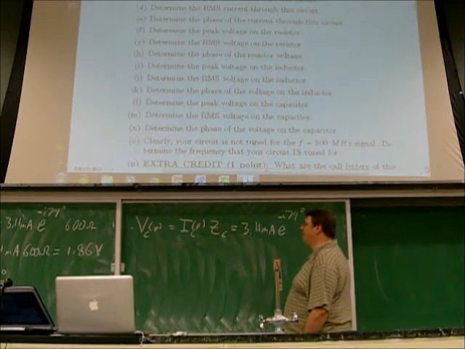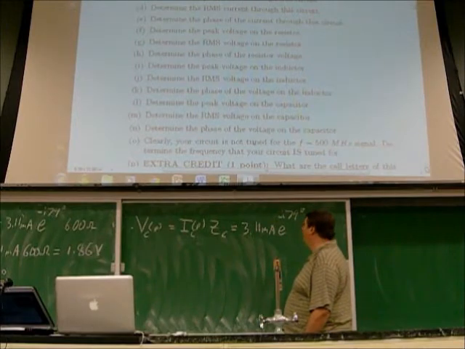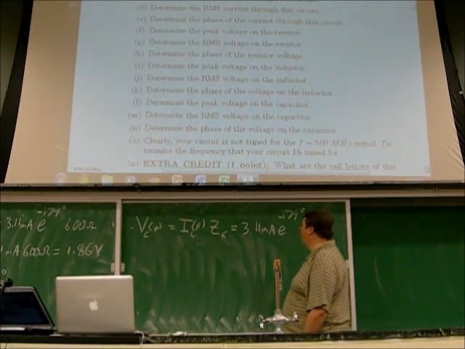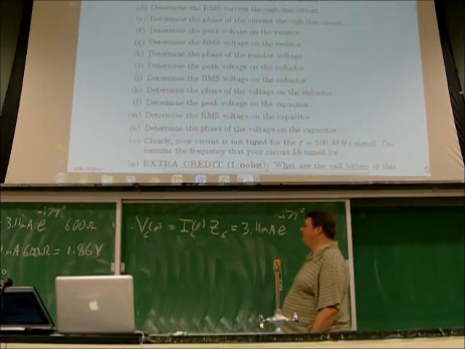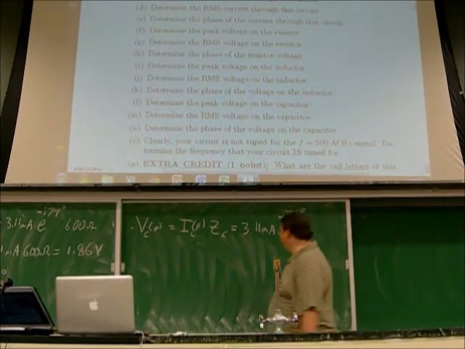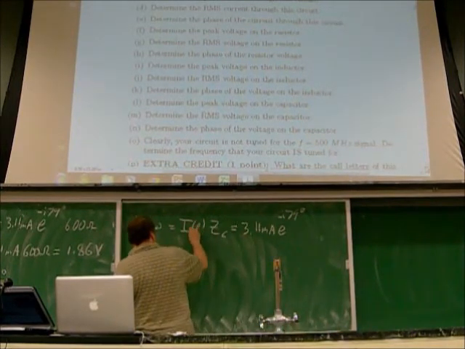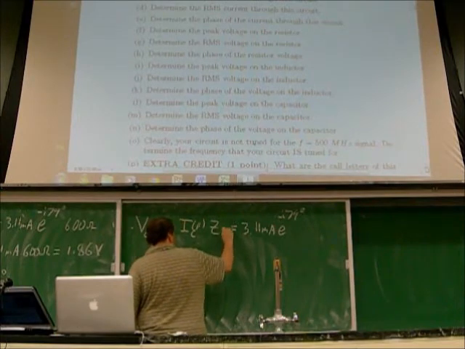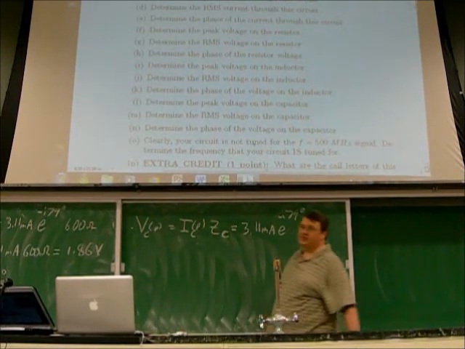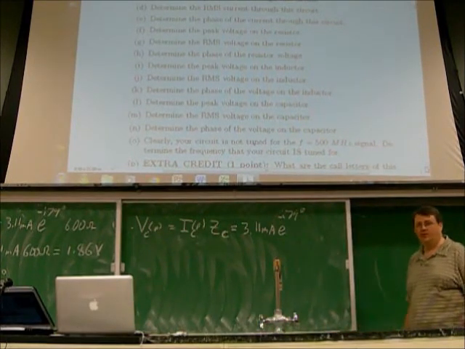The Z of the capacitor is? Wait, the capacitor, the inductor? Oh, what we're doing the inductor? I started with a clearly written C and my handwriting got worse as it went across. I'm doing the C right now. So the Z of the capacitor was?